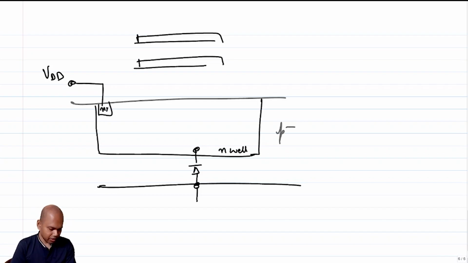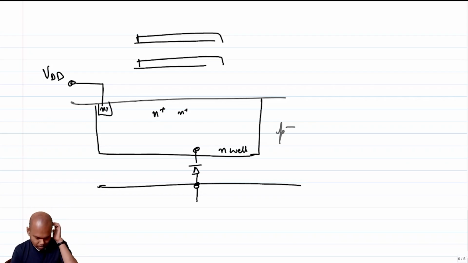So you might be wondering, what can I achieve by doing this? If you only do this, you will not achieve anything, right? Because, okay, fine, this diode is reverse biased, but still, instead of having P-type carriers underneath my metal, I have N-type carriers, right? I have electrons here.